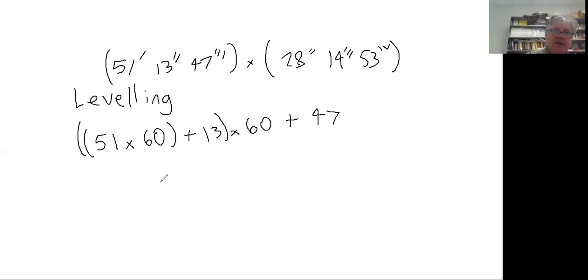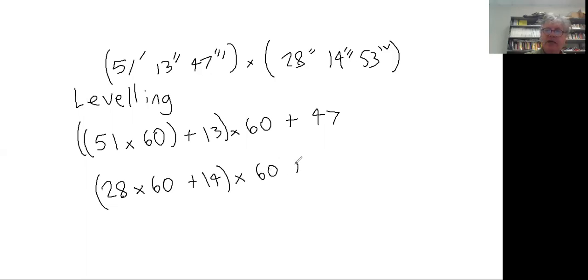And then the second number we'd convert to fourths because that's the lowest unit. So we take the 28, multiply by 60, add 14, multiply by 60 to get fourths, and add 53. Then we would multiply these two numbers together.